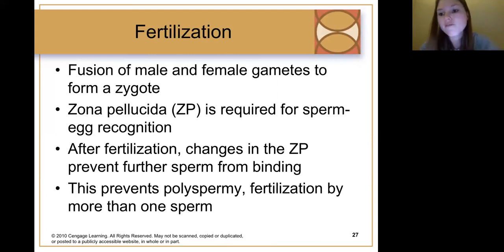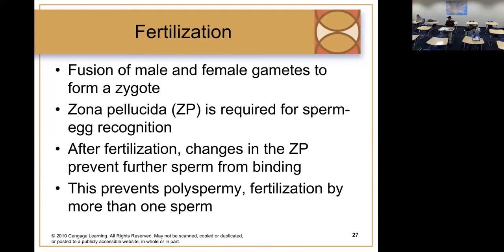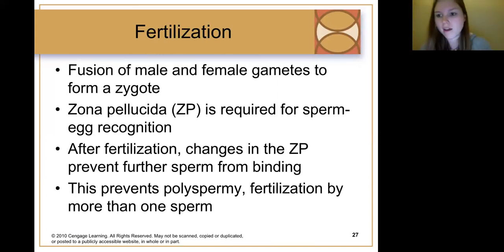Fertilization by more than one sperm, if it happened, would more than likely not result in offspring, or it would cause severe defects. But I'm pretty sure if it happens, that egg won't even really develop. So that's really important and another way that the reproductive system is regulated.